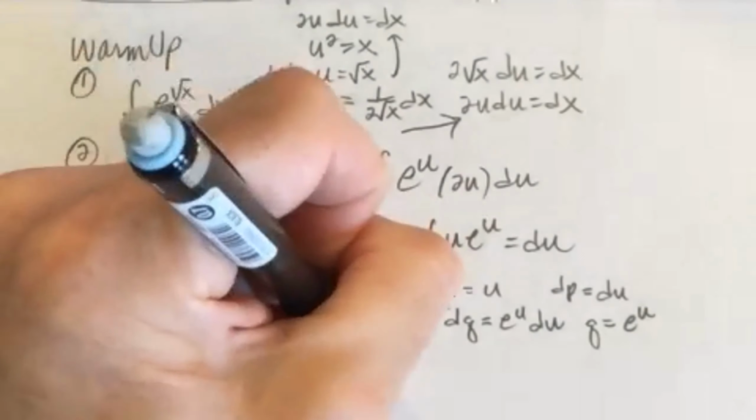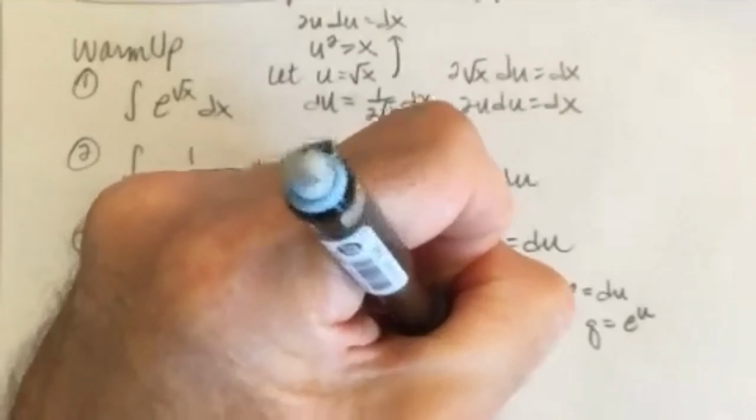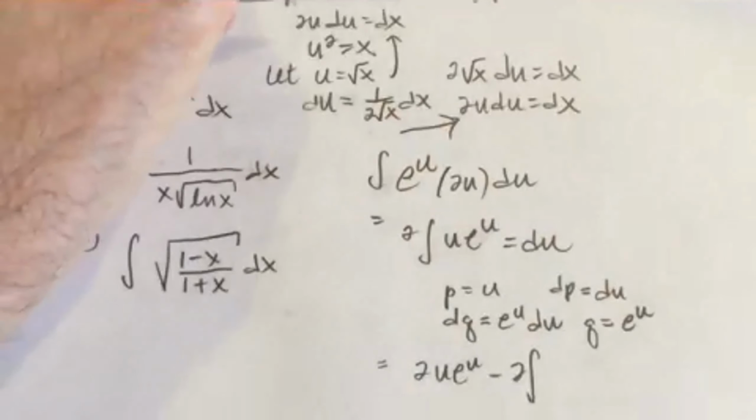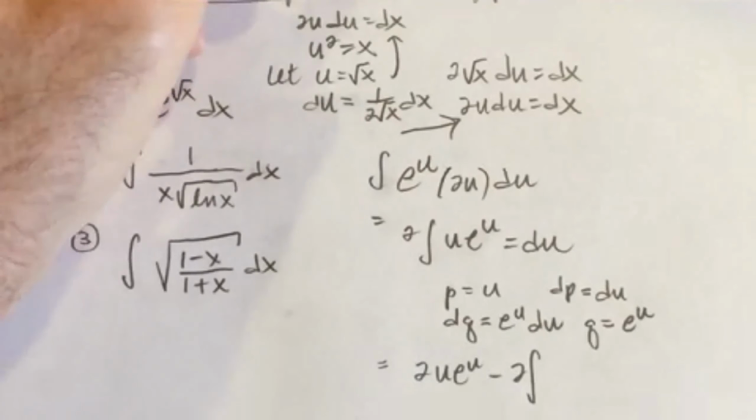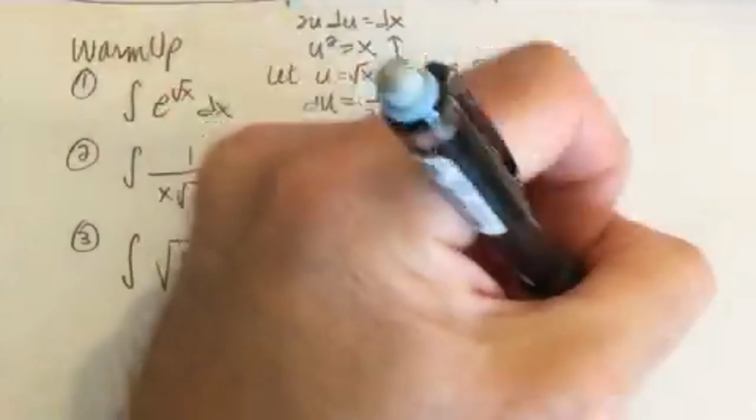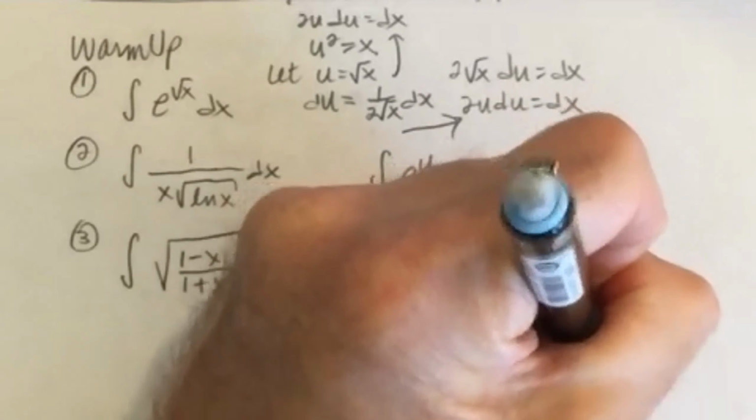So what do we get? Don't forget the 2. We've got 2 times pq, u e to the u, minus 2 times the integral of q dp, e to the u du.